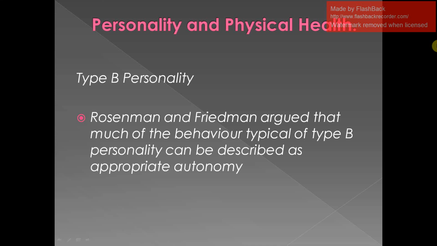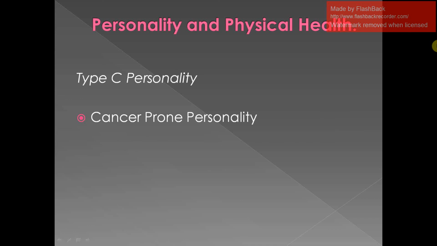Type B personality. Rosenman and Friedman argue that much of the behavior typical of type B personality can be described as appropriate autonomy. Appropriate autonomy facilitates self-determination, motivation, healthy development, and optimal functioning. So type B personality is the opposite of type A personality.